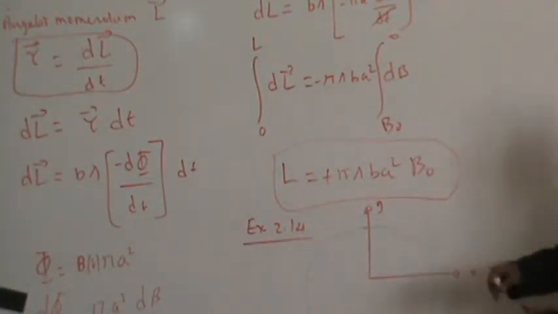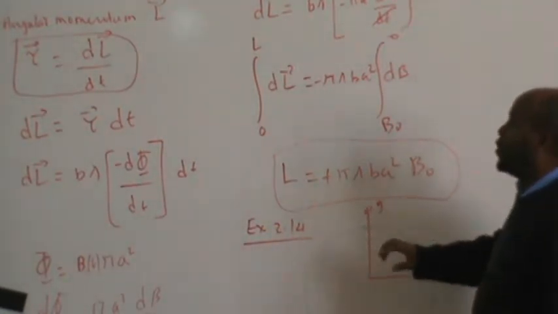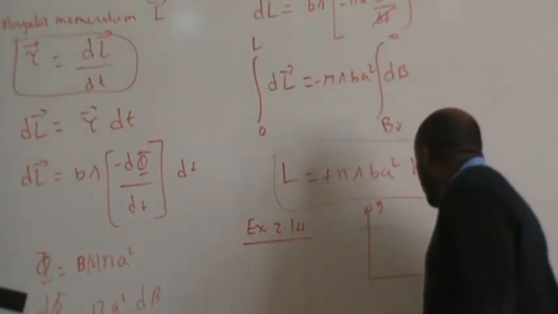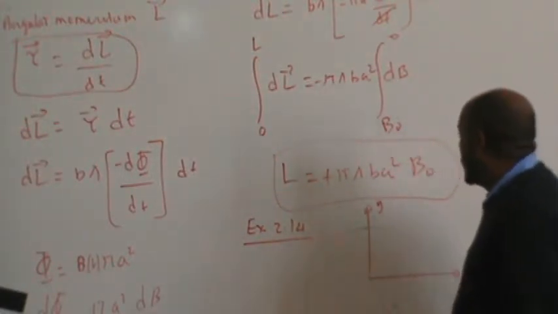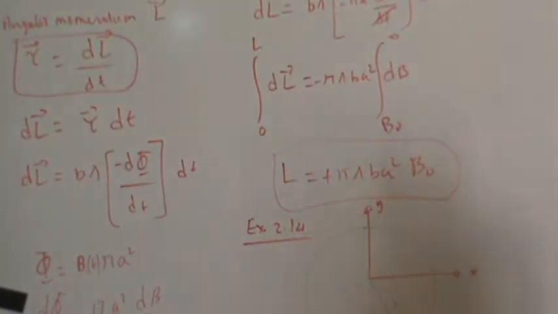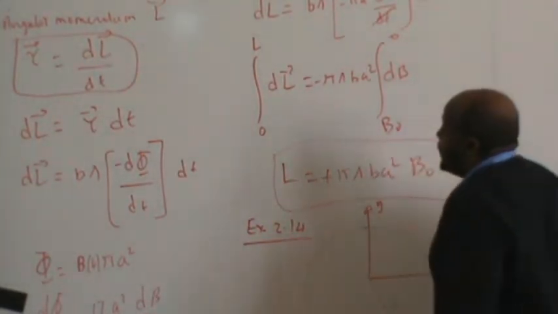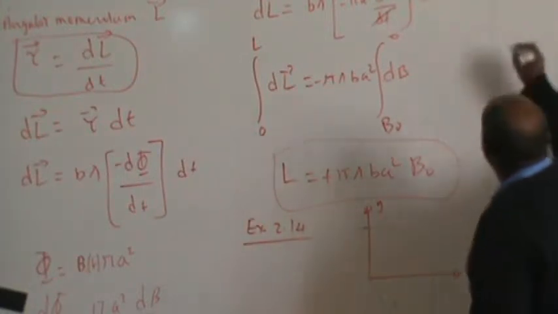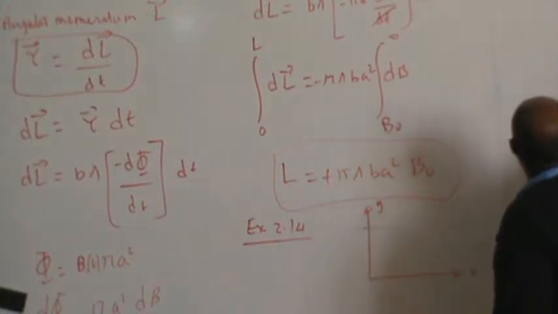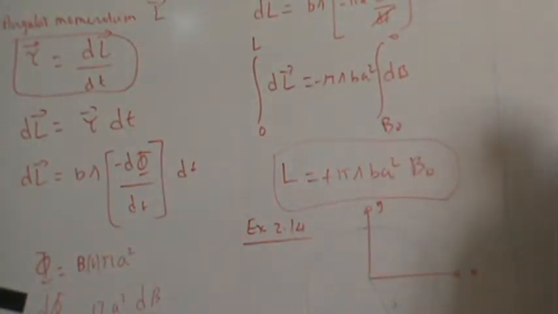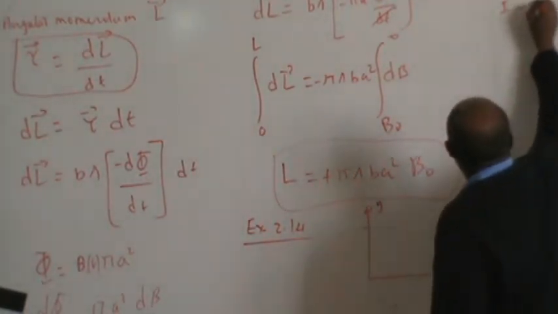Imagine that you have this long solenoid of radius a, and the number of turns per unit length is n. The current is a function of time, I(t).